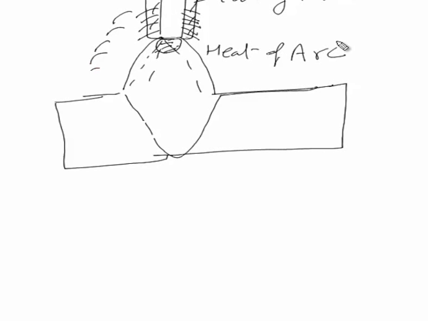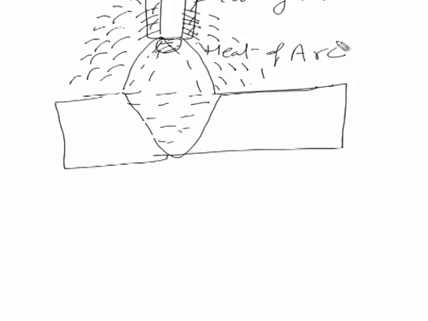By the heat of the arc, continuous thermal decomposition of the coating material takes place, and when this coating material is decomposed, inactive gases are formed around the weld pool. These inactive gases form a loose, comparatively weak cover around the weld pool and the arc region to protect the molten metal from atmospheric contamination.